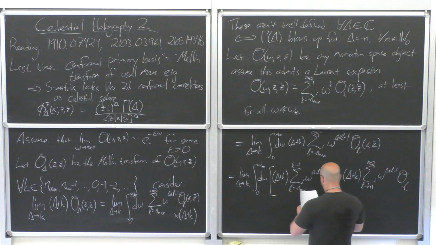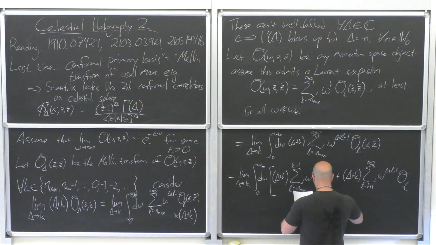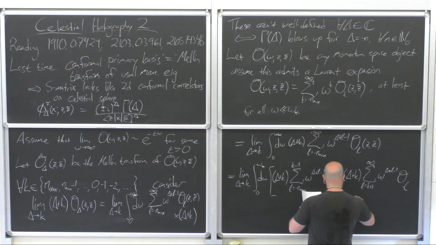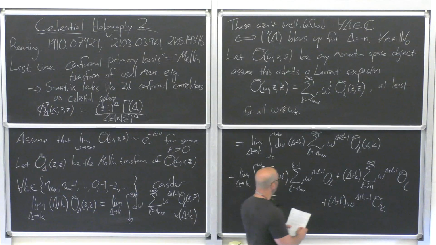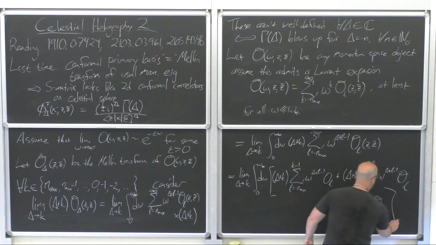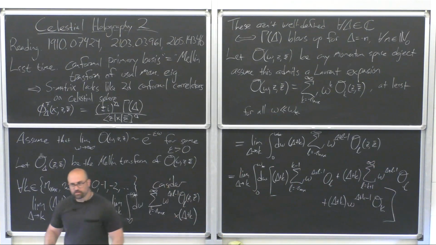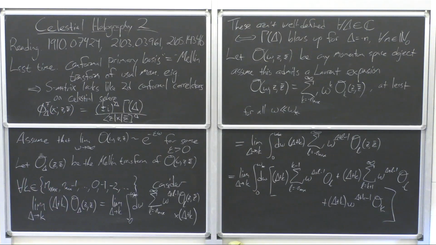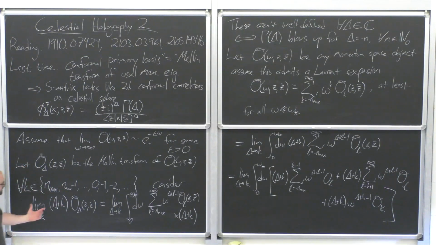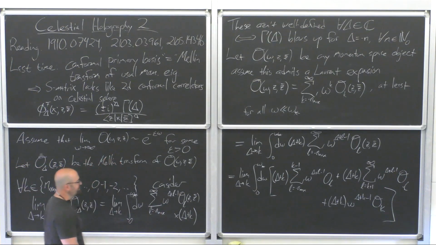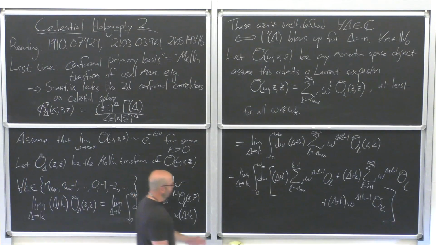And then there's the term where L is exactly equal to k. So again, not done anything fancy so far. I've just taken the Mellin transform of this object, considered the limit where delta goes to some generically negative integer value, weighted with delta plus that, used the definition of the Mellin transform and just rearranged the sum.